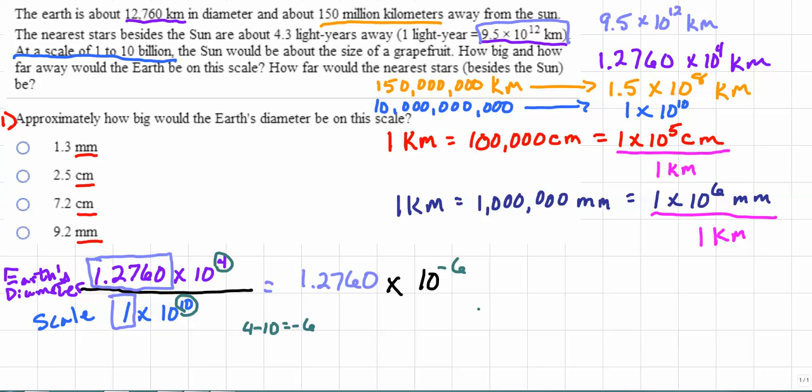Now remember that that is my scale, and it's still in kilometers.